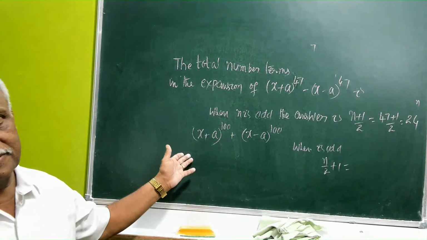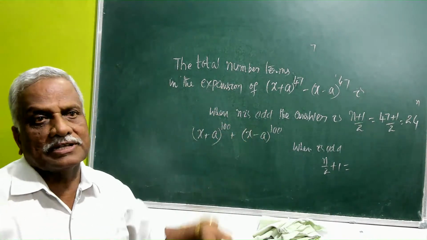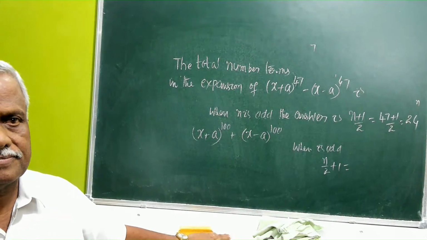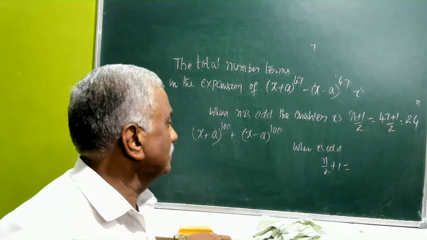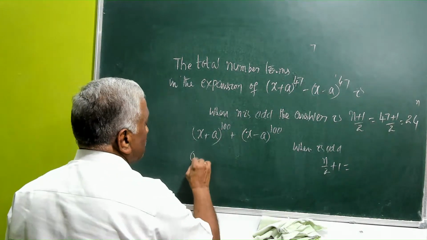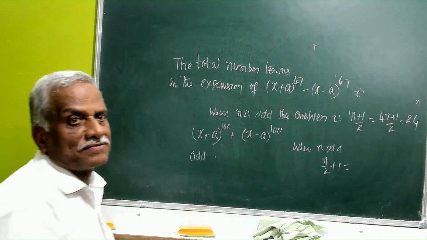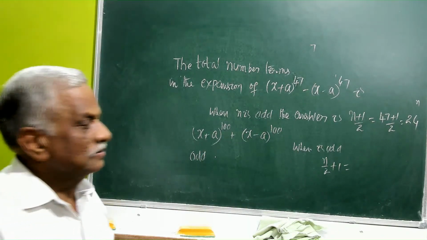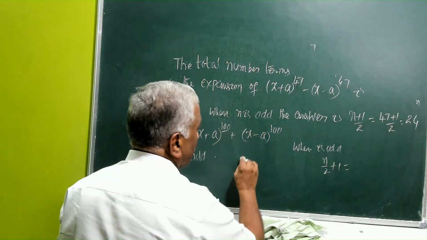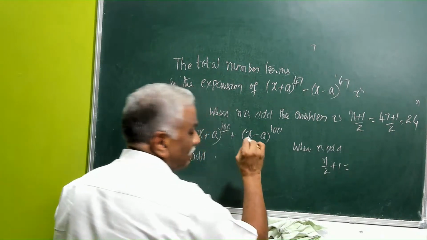I can explain this. 100 is the power. What happens is, all the odd terms get cancelled. There is a minus sign.